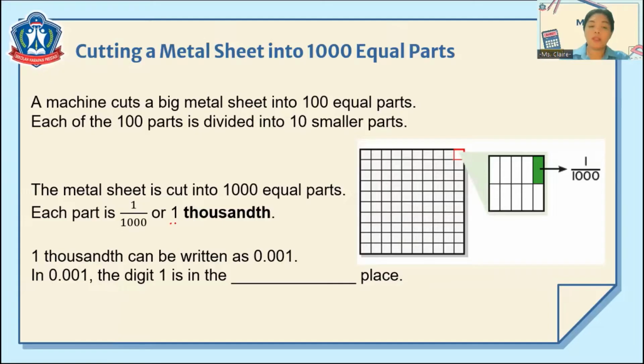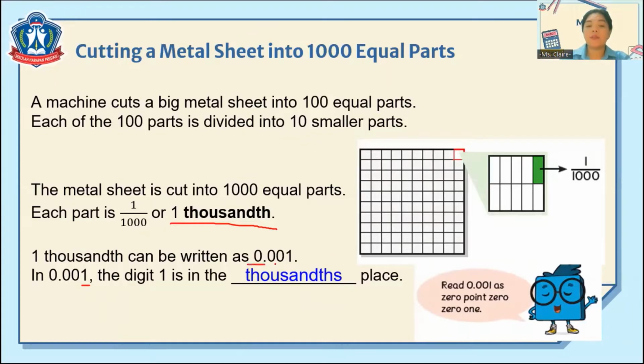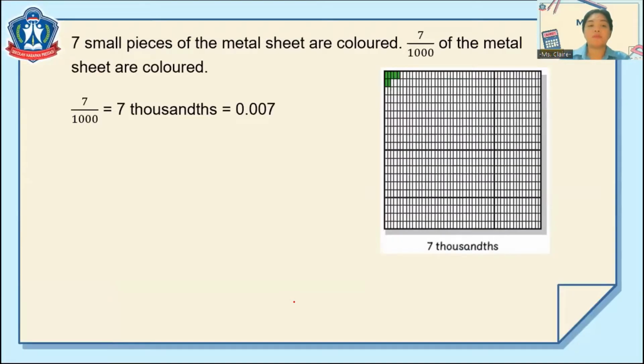So we call it one thousandth, or it can be written as 0.001. So the digit 1 here is in what place value? Yes, that is what we call thousandths. So we can read this one as 0.001. Okay, another.